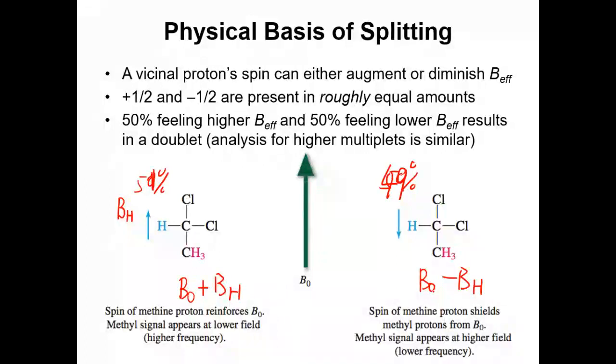This effect is very weak but detectable by the instrument, so it shows as a splitting of the signal. If there's only one vicinal proton, it is either parallel or anti-parallel, so you see only two lines. If a particular proton only has one vicinal proton, that vicinal proton will split its signal into a doublet.